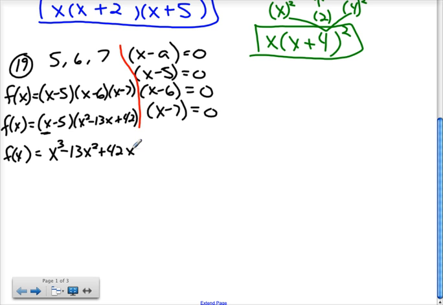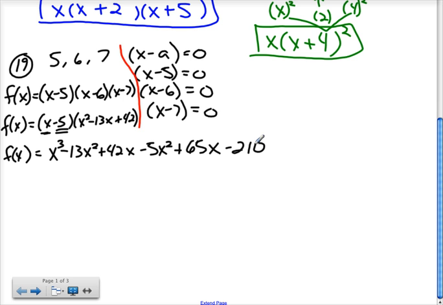Then you go back through again, this time multiplying everything by negative 5. So minus 5x squared, and then plus 13 times 5, which is going to be 65x. And then we have negative 5 times 42, and that will give us a negative 210.